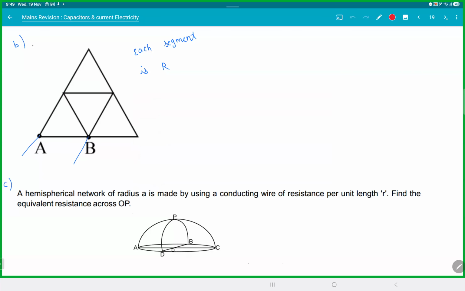How many different terminals are there? You can say this is C. You can clearly see these two are in series, isn't it?